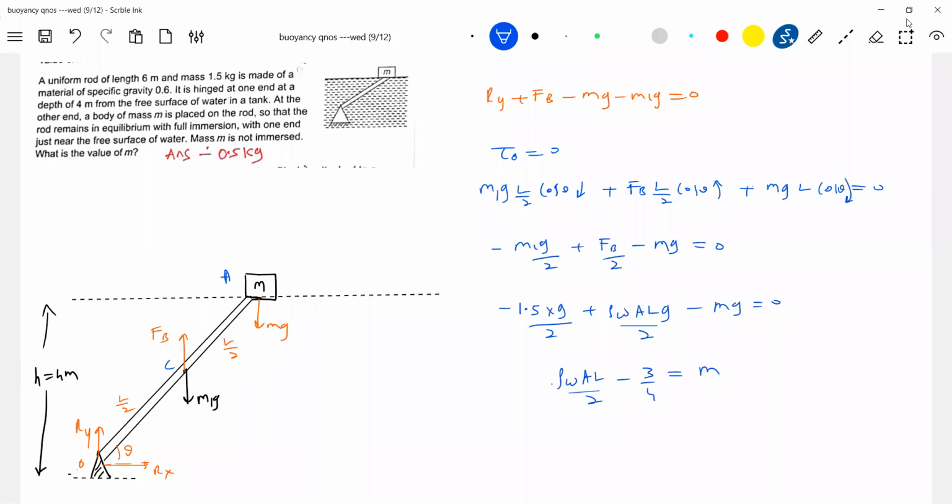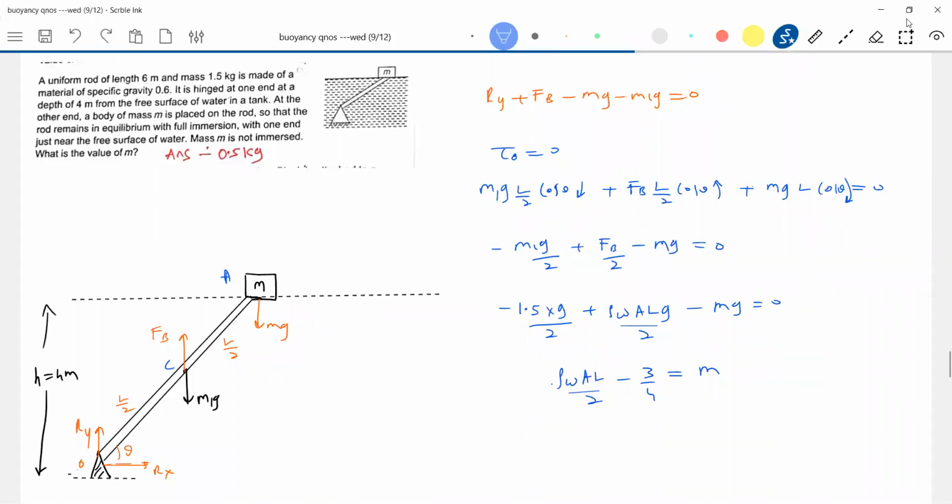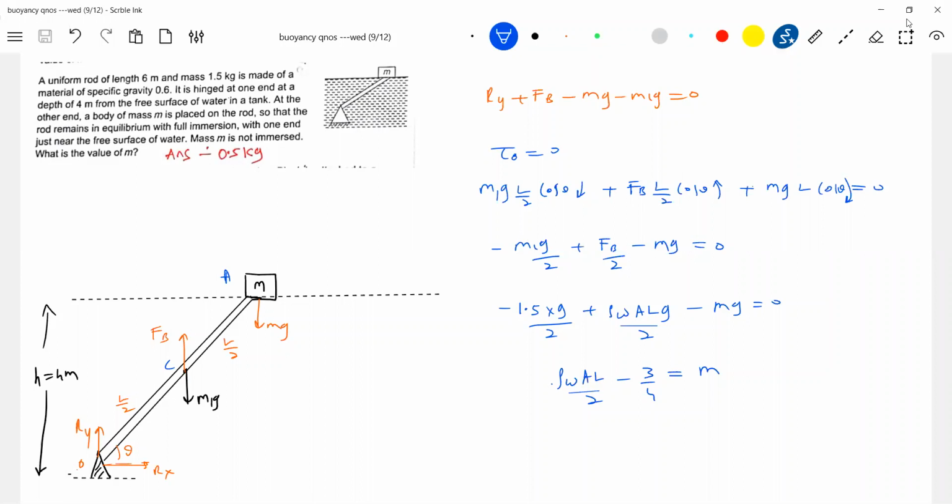We don't know area of cross section of the rod, no? How to do this? So let's come for this one. Mass he has given. Mass, density, what you can write. Specific gravity has given. First, what is specific gravity? 0.6 equals density of rod, let me write sigma, sigma by rho W. 0.6 rho W. Then how do you define mass?